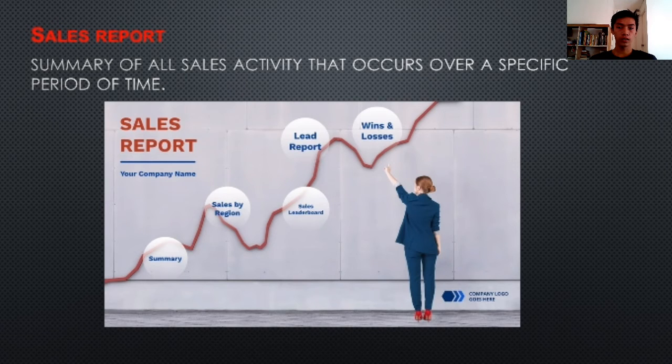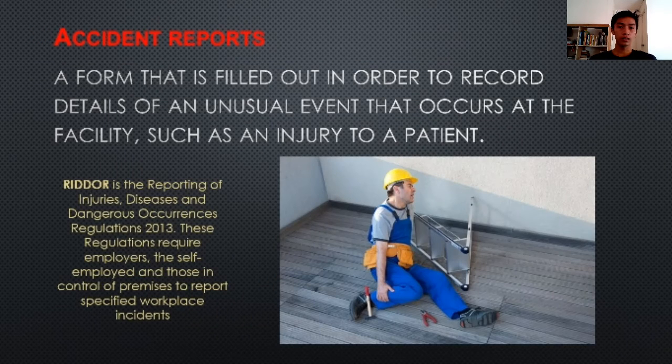In this way, if you have a business, you can determine if your company's income is decreasing or increasing. And the next one is accident reports.